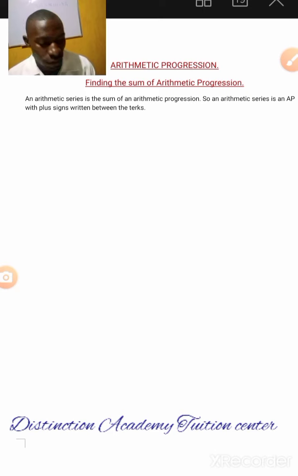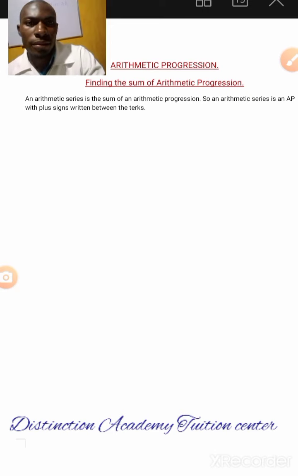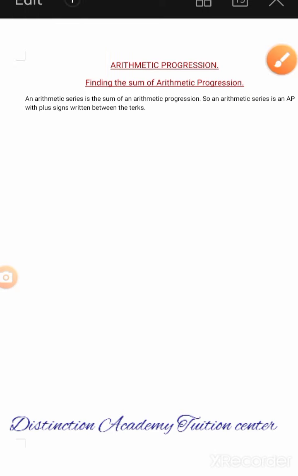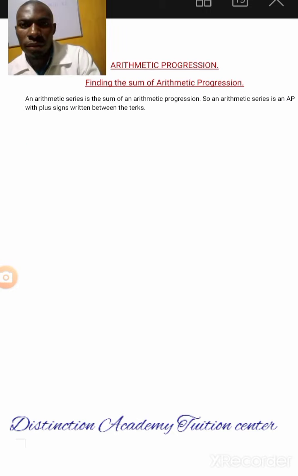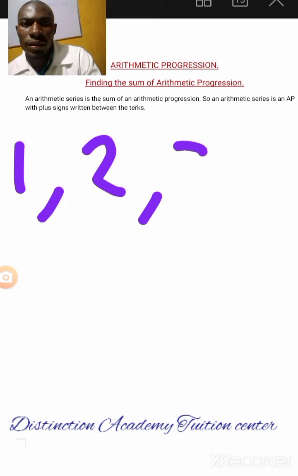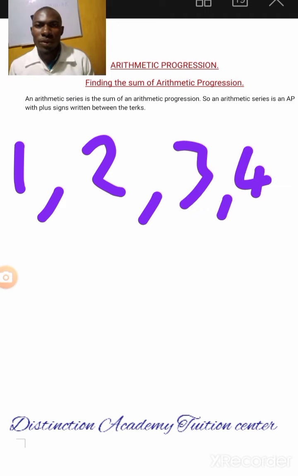So consider the numbers that are here: 1, 2, 3, and 4. If you are asked to find the sum of the first 4 terms, what are you going to do?